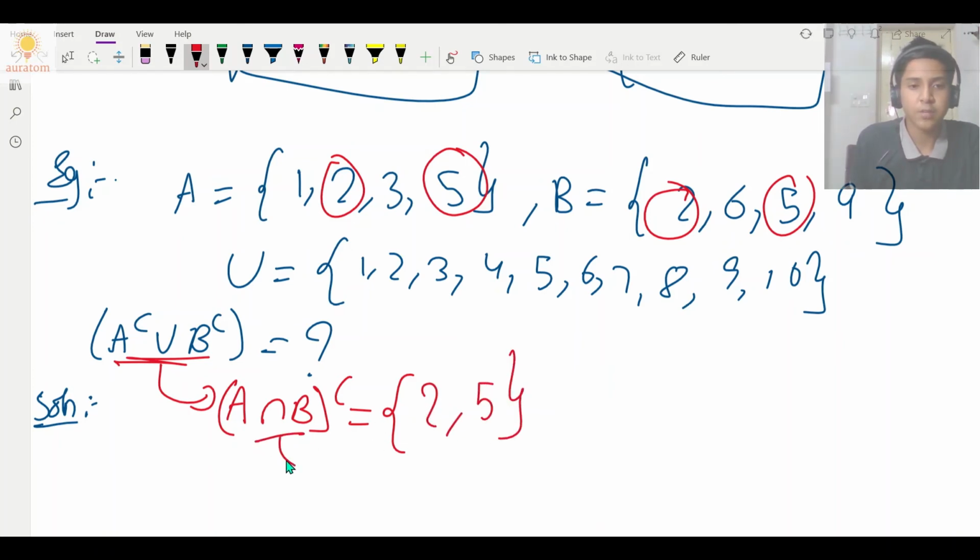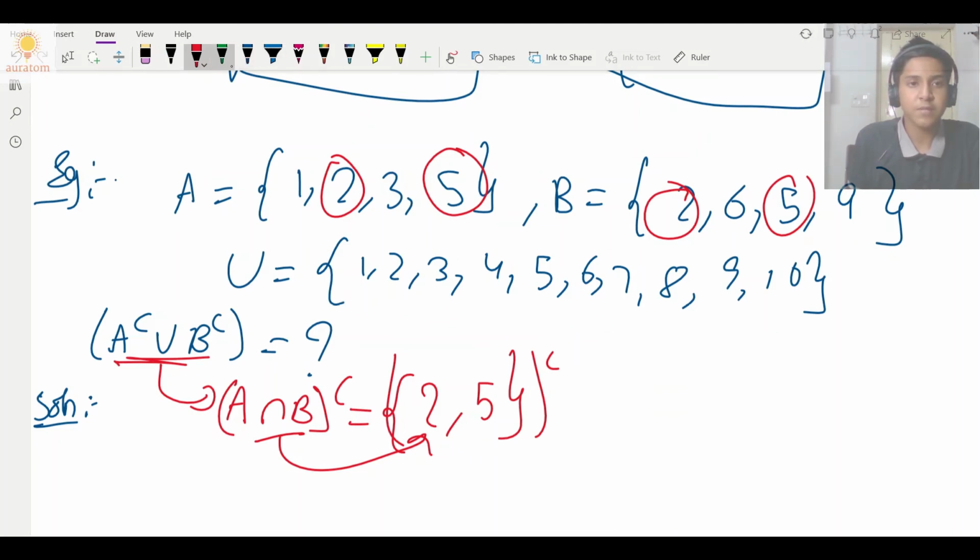We need to take the complement of this set, 2 and 5, right? The absolute complement of 2 and 5, which is A intersection B, are the elements in this universal set which are not in A intersection B. So we take the elements from here except the elements that are in here.